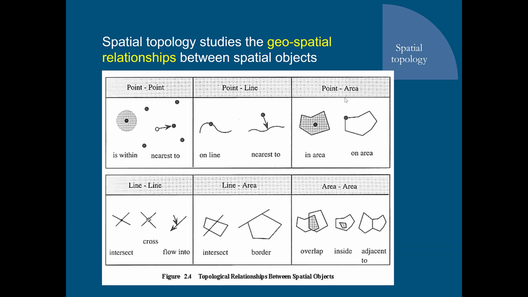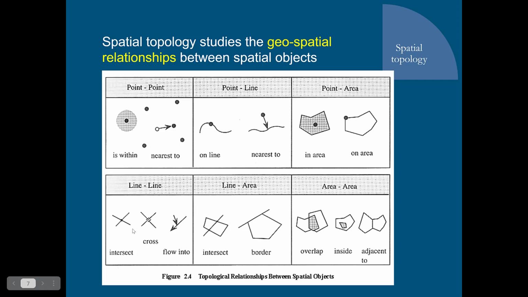Here are a few rules, or simple examples, of geospatial relationships between objects. Point and point: you can say it's within, near, or next to. Point and line, for example Santa Monica College, can be on the line or nearest to the line. Point and area: the point can be inside this polygon or on the boundary of that polygon.